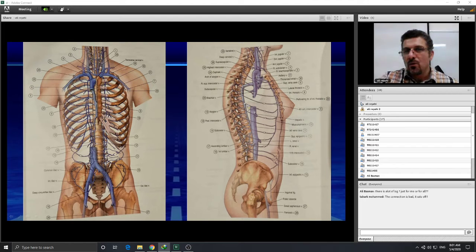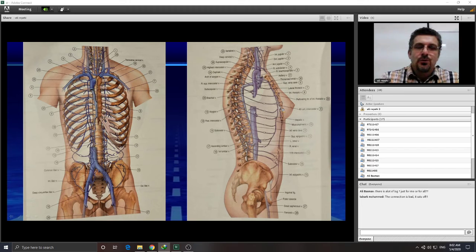In the posterior wall of the thorax, we have the azygous system. And in the anterior part of the thorax, we have the internal thoracic vein for draining the anterior part of the thoracic cage.